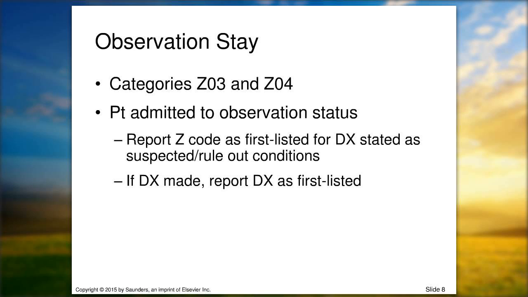So if a patient is admitted for observation status, you would report the Z code as first listed diagnosis for the diagnosis stated as suspected or ruled out. Then, once the diagnosis is made, you would report the diagnosis as the first listed code.